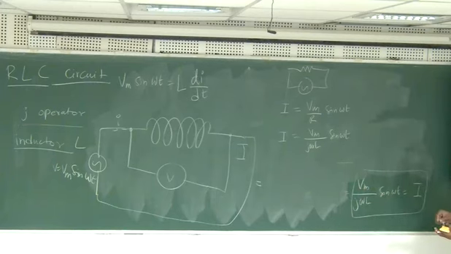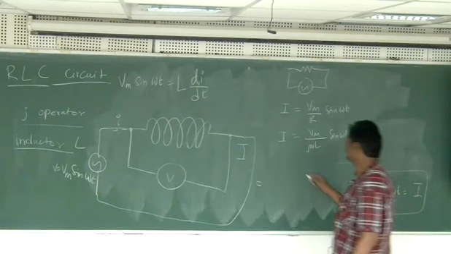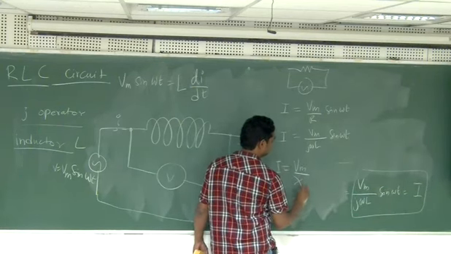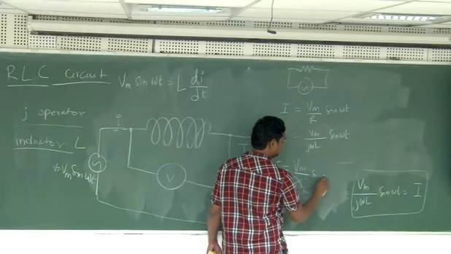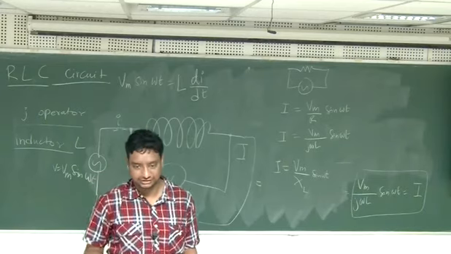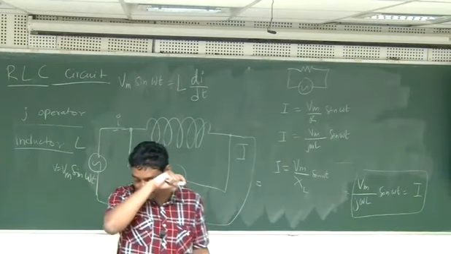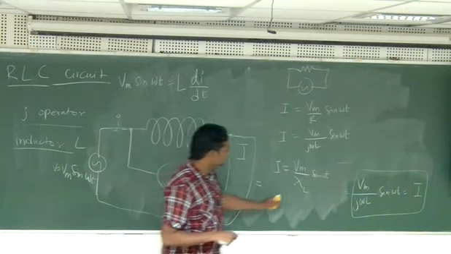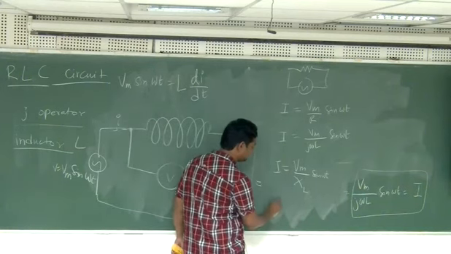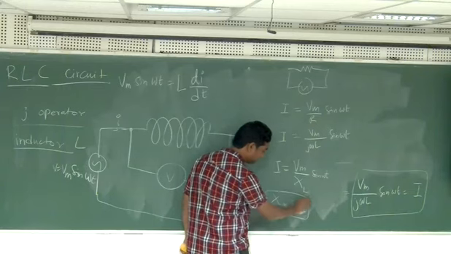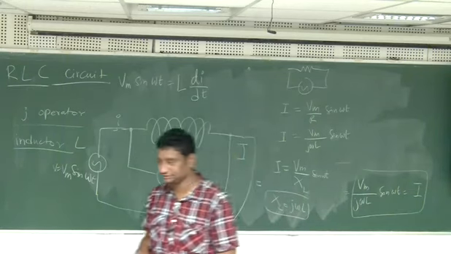So now I can replace it with something like Vm by XL sin omega t, where XL is called reactance. It is not called resistance, because resistance implies some losses are there. So this is the reactance, where XL value is nothing but j omega L. So finally this is the point that I wanted to say.